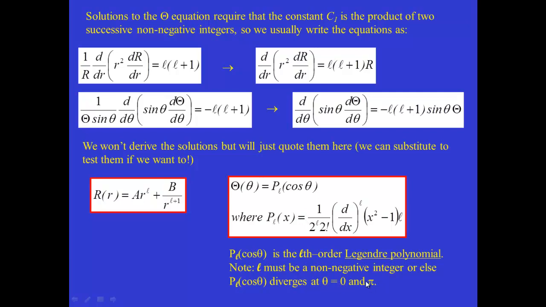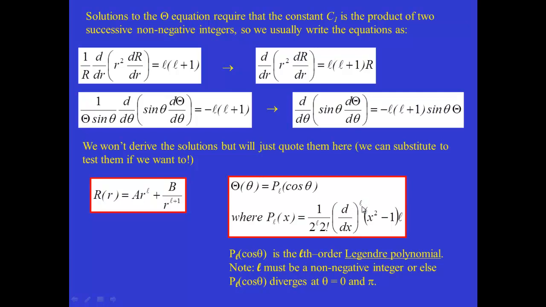So there is a generating expression for the Legendre polynomial here, and you can use this if you want to calculate the 0th order, the 1st order, the 2nd order, the 3rd order Legendre polynomials, and I think one of these is assigned as practice for homework. One comment about this expression is that the d by dx to the lth power means take the lth derivative of the function on the right with respect to x.